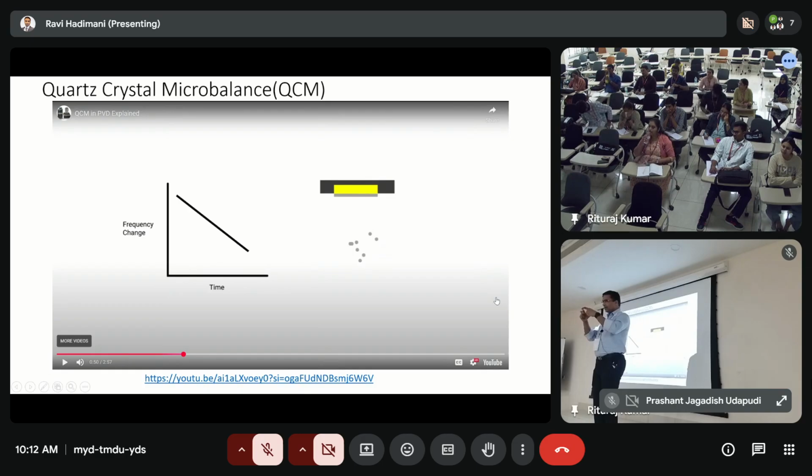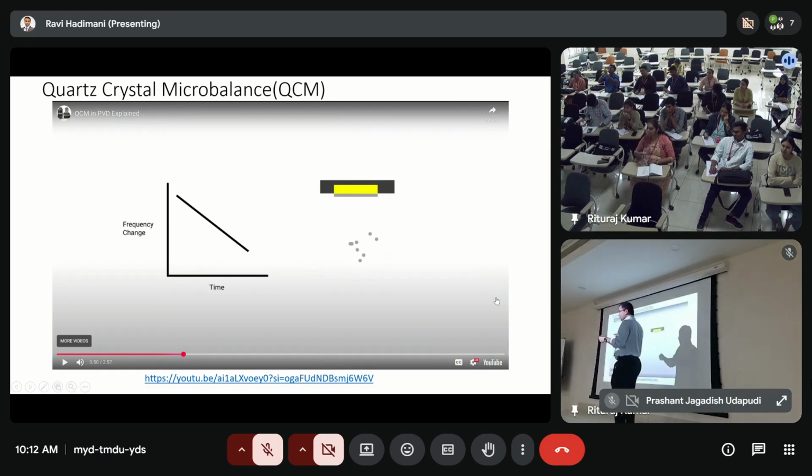So as the resonance frequency reduces, that is calibrated to thickness. You can also zero it, because it keeps increasing and you don't take out the crystal and clean it, right? So when you start, it has a certain resonance frequency, and that is your zero thickness.